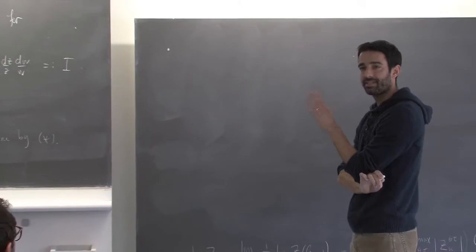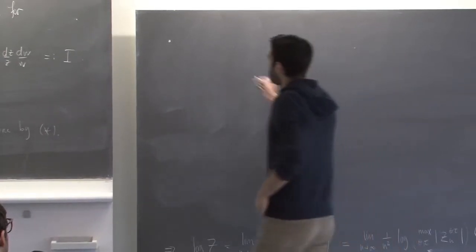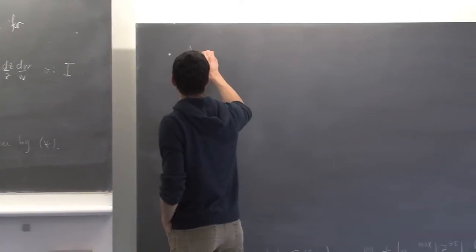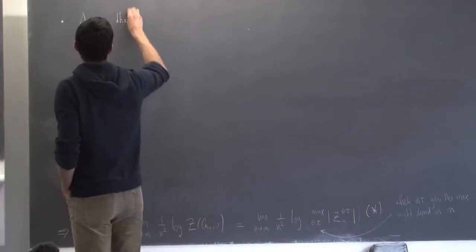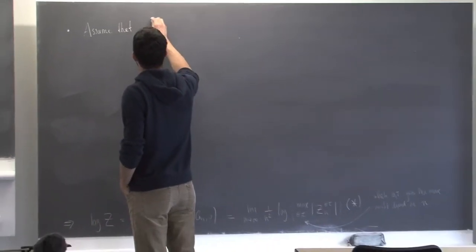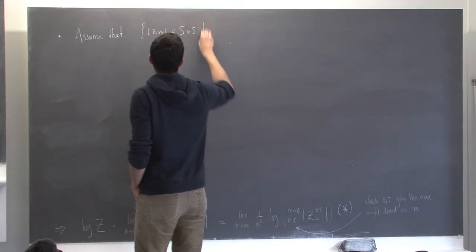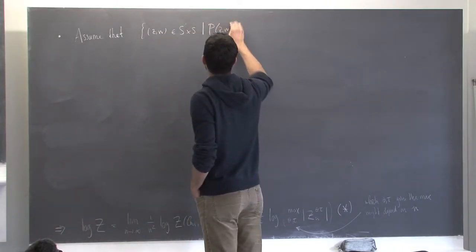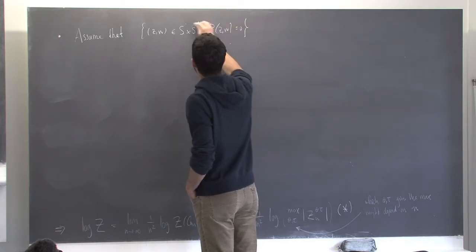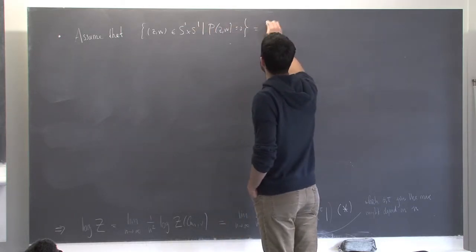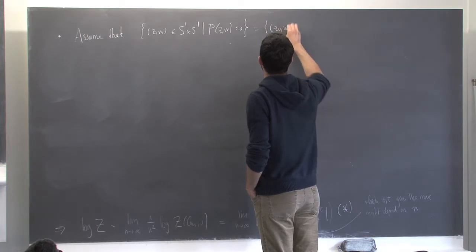And I will show you that in this case it's still okay. So now assume that the set of points in the torus where the characteristic polynomial vanishes is just equal to a single point.